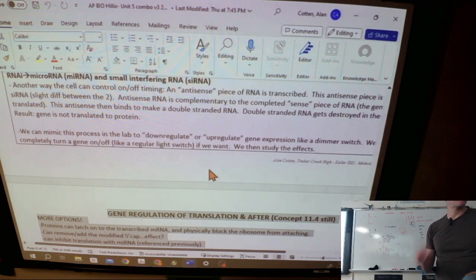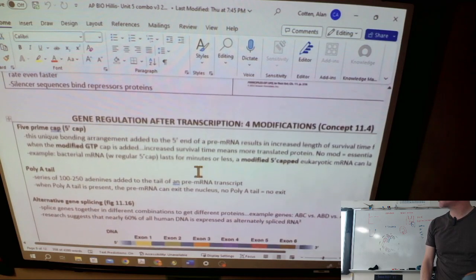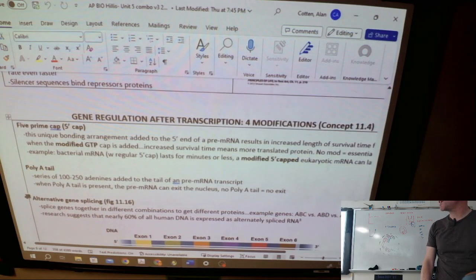We'll learn it when we do our next DNA technology lab, but you can skip that whole last page. That's a repeat. So this stuff right here is still 5' cap and poly A tail and gene splicing again. So it's fine. Last page included gene drive. Yeah, gene drive you can skip, yes.